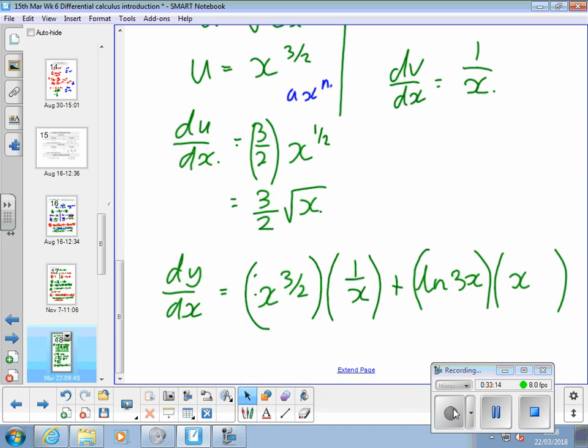So that shouldn't be 3 over 2 there. This should be 3 over 2 x to the half. I'm just trying to see where he's got his simplification from. We've got root x outside the brackets. Yeah, I think he is too.